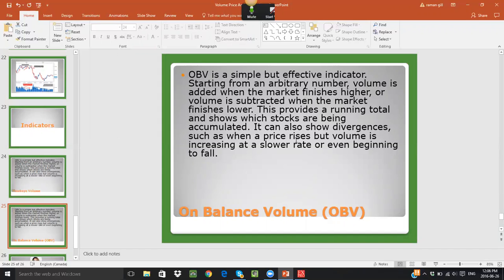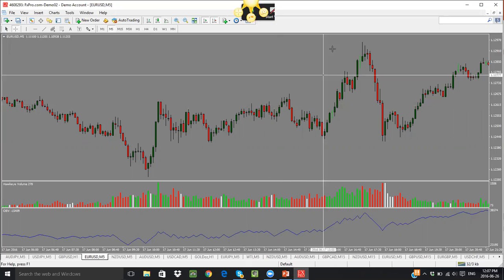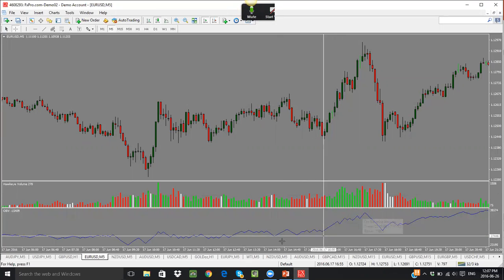So basically what we are left with is the volume, and if it's high and the price is moving high as well, it will show that. But when there's a divergence, that's a good time to trade as well. If the on-balance volume and Hawkeye volume are diverging, that usually shows that it's going to move down. So here's how I use it, for example.